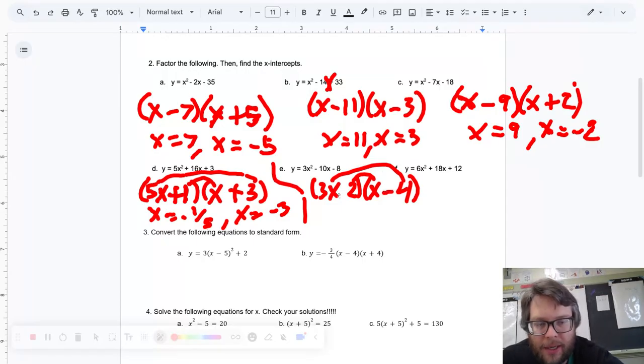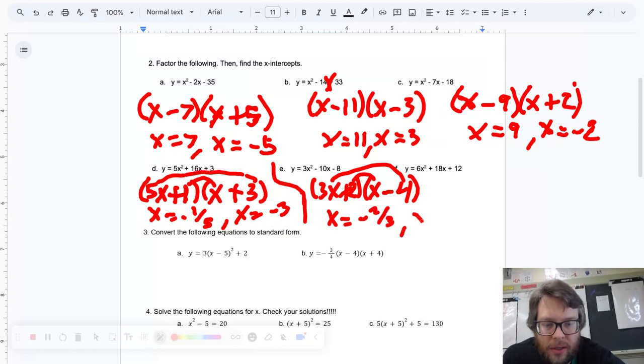So I want the 4 to be negative, and I want the 2 to be positive, because now I'll get the negative 12x from the 3x times negative 4, and I'll get positive 2x from 2 times x. This gives me my two solutions of negative 2/3 and 4.